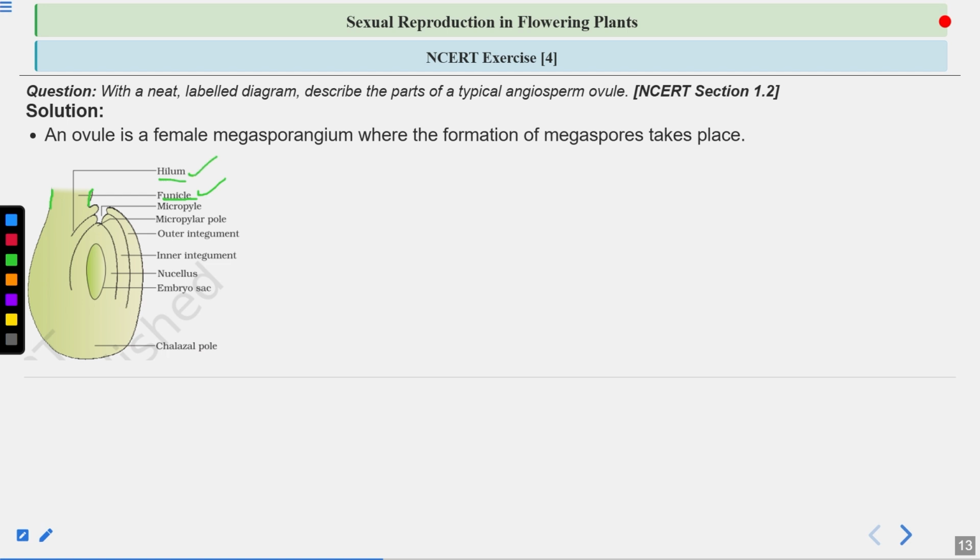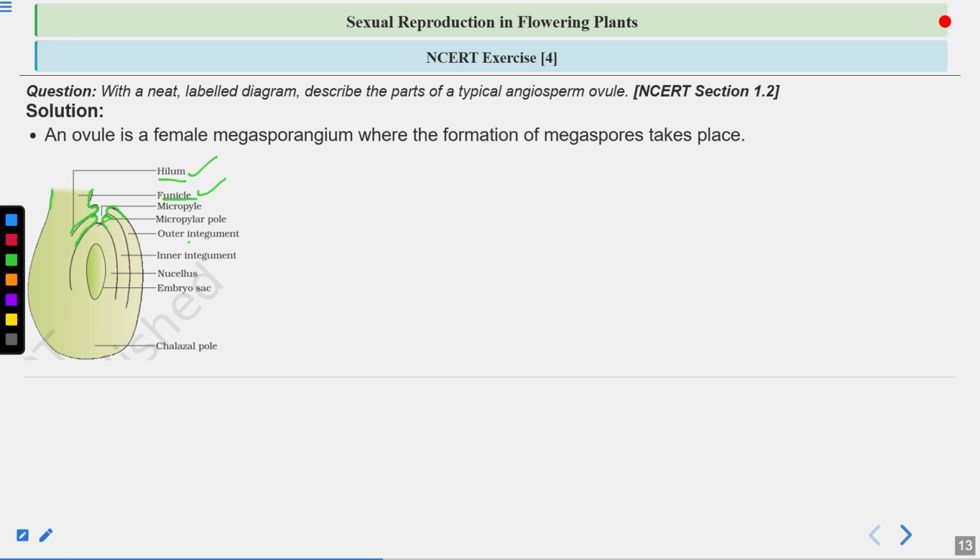Now, we will see the main part of the ovule. You can see there are two overlapping coverings like this, the first and the second. Similarly here also, first and second, the inner and the outer.